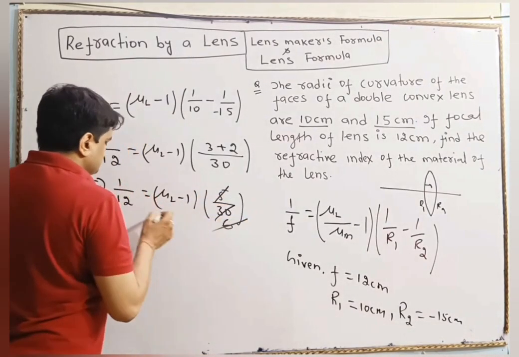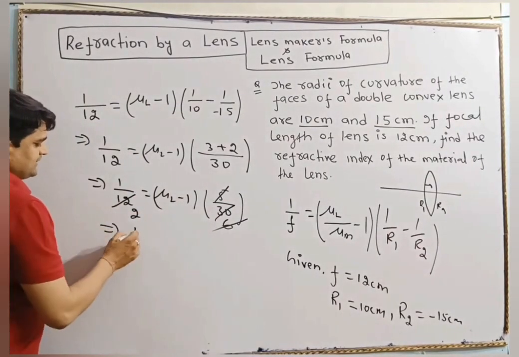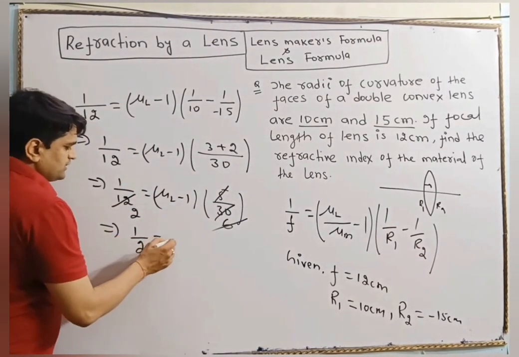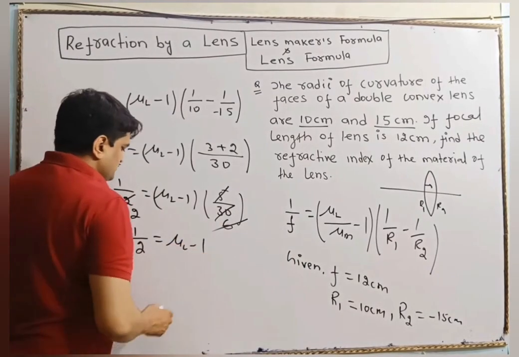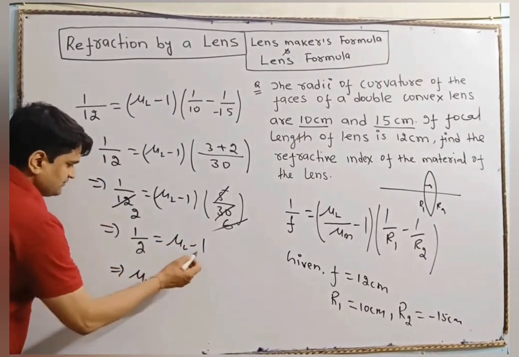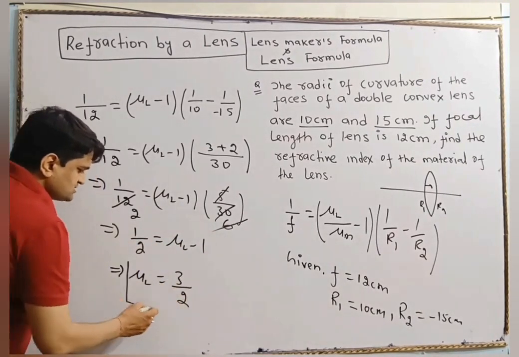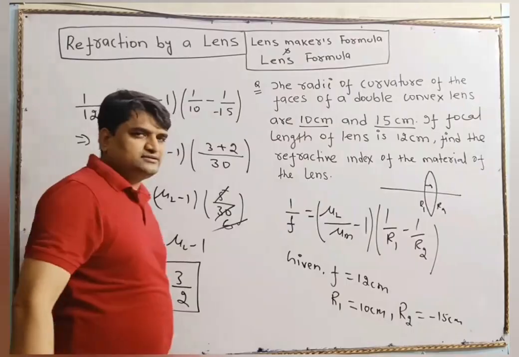That gives 1 upon 2 equal to mu L minus 1. So mu L will be 1 by 2 plus 1, which is 3 by 2. Simple question and simple solution.